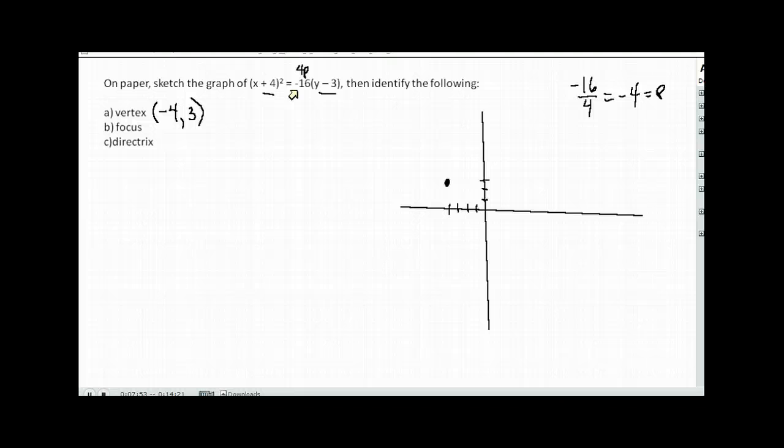I know down and not to the left because our x was squared. With the negative, that means this parabola opens down. So I go down 4 units, and there will be my focus point. Okay, so my focus point ends up being at -4, -1.